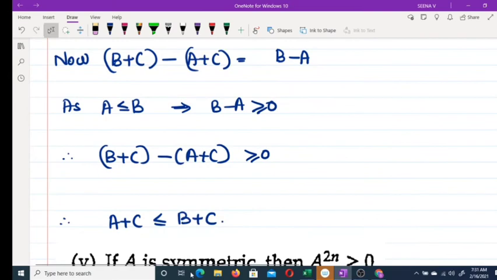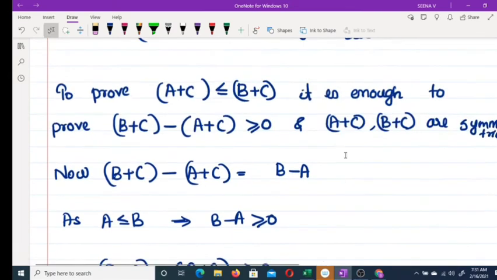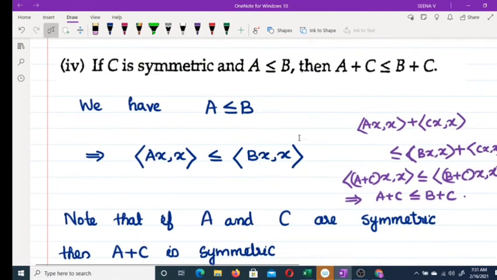You can use this result, or there is one more. We have A less than or equal to B means AXX less than or equal to BXX. And if we add some CXX, as this condition holds, these are real numbers or complex numbers. So in complex numbers or real numbers, the order property holds.